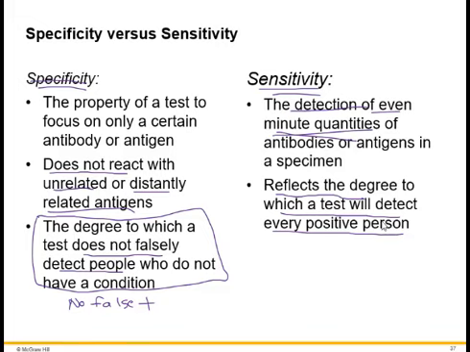A lot of testing happened early on, and they rejected the tests because they weren't sensitive enough. And we don't need it to be 100% sensitive. We just need it to be sensitive enough that it detects the disease when somebody is able to transmit the disease. So this, again, reflects the degree to which a test will detect every positive person. And is that 95% of the time, or is that 90% of the time?